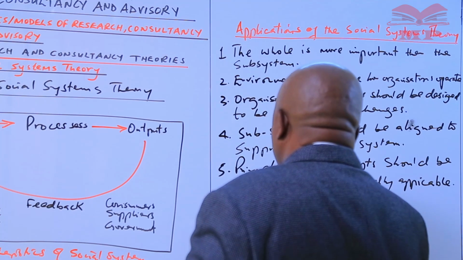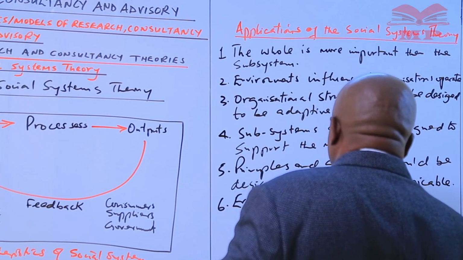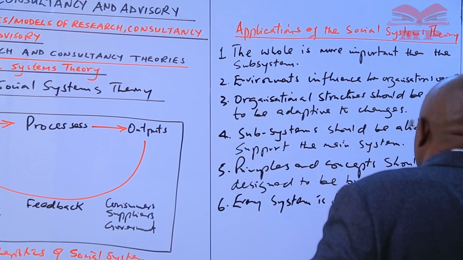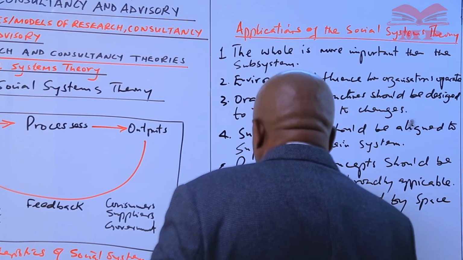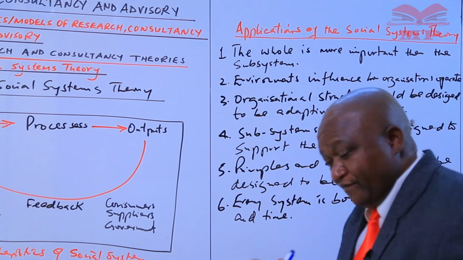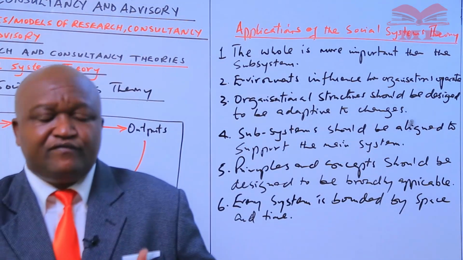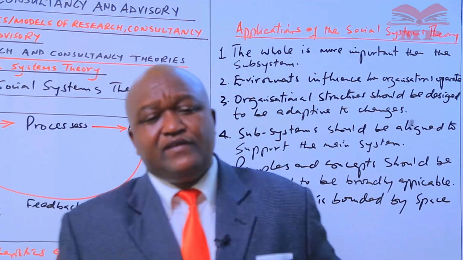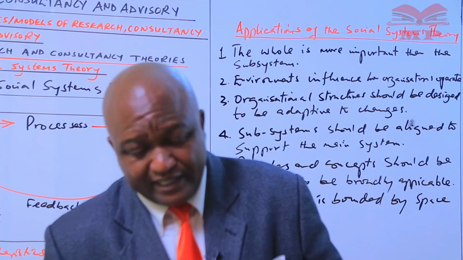So at any one given event, if the system is supposed to receive, for example, input, that input is expected to come at a particular setting.